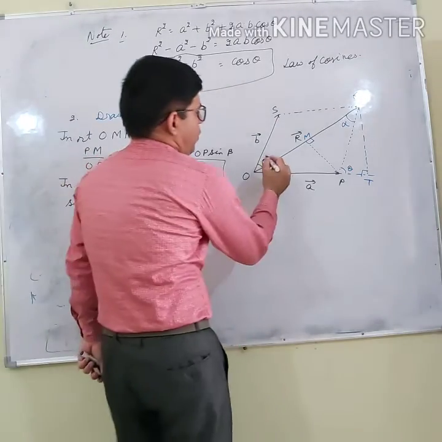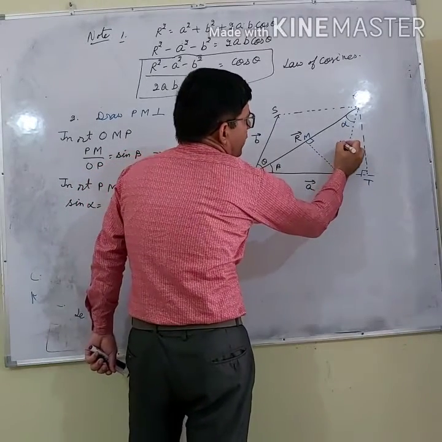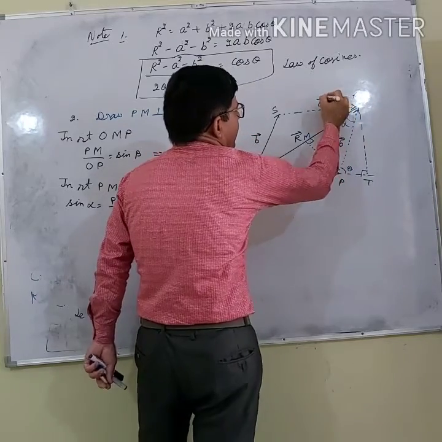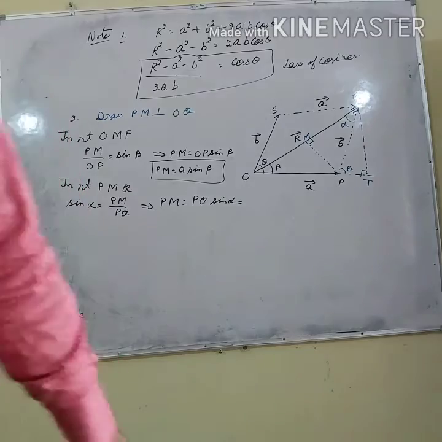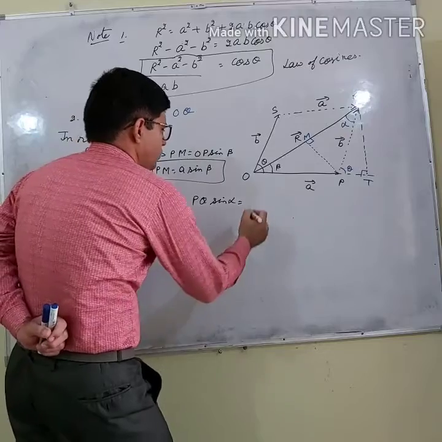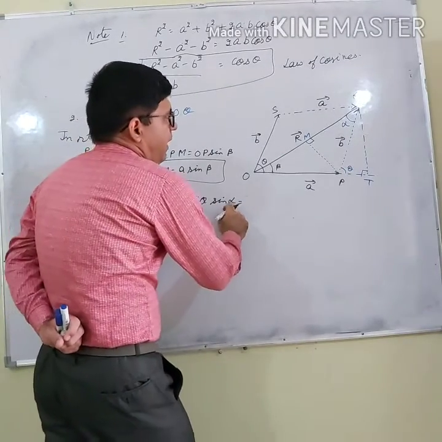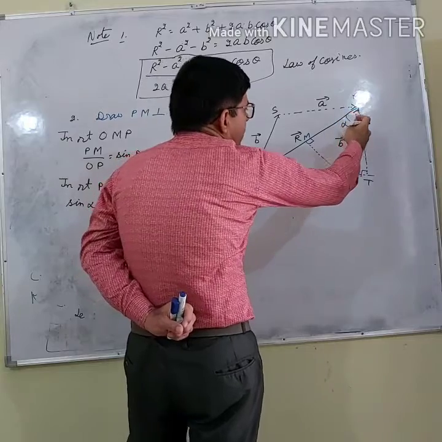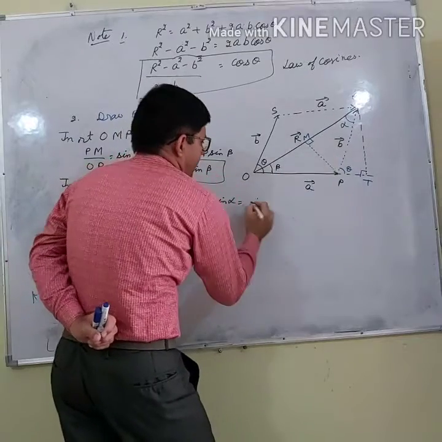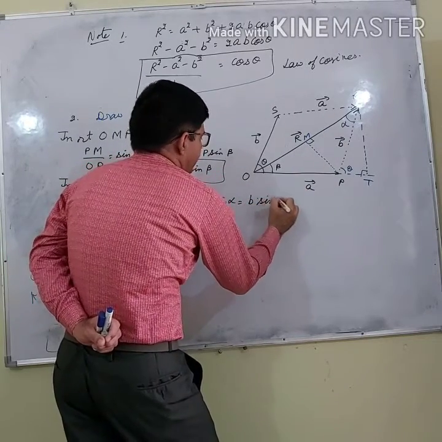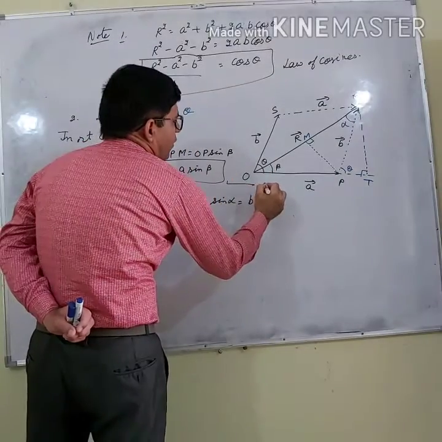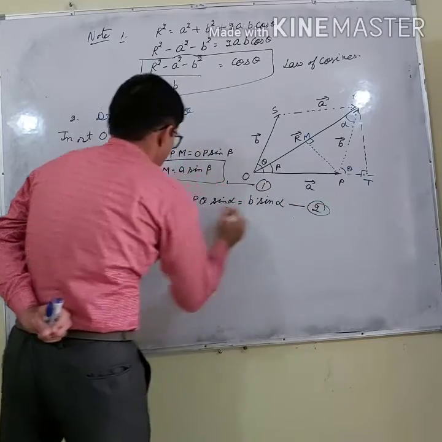What is PQ? This is B, so it is also vector B, and it equals vector A because of opposite sides of a parallelogram. So PM equals B sine alpha. Let us say this is 1, this is 2.